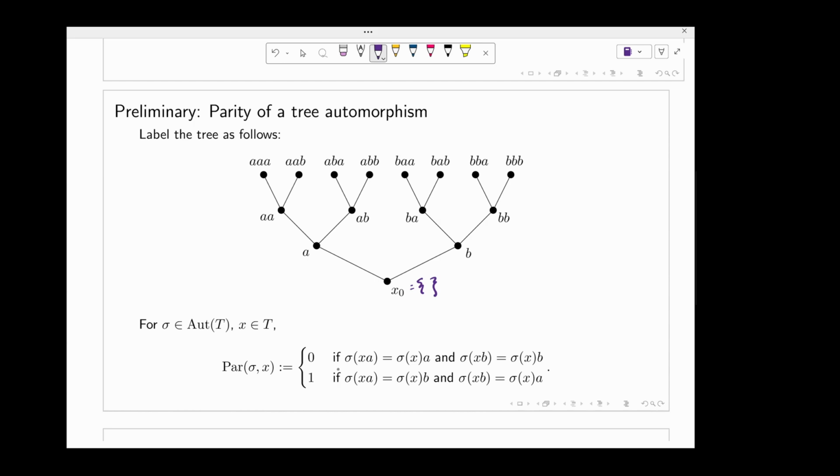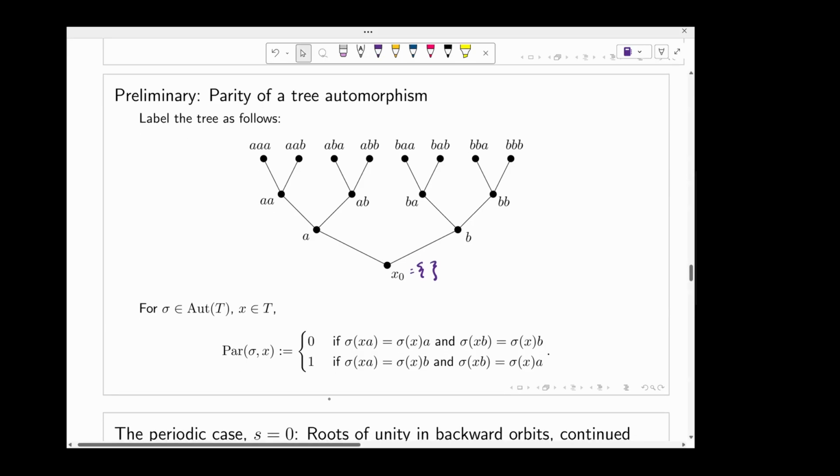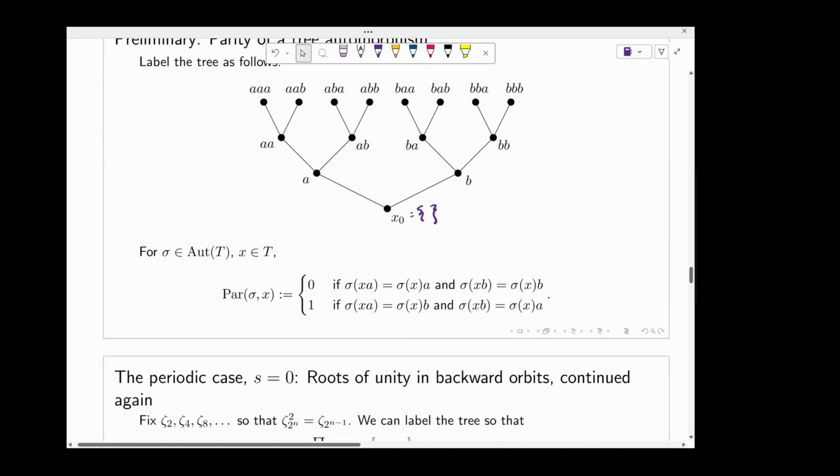So if sigma of XA maps to sigma of X followed by A, we say that this has parity 0. And if sigma of XA maps to sigma of X followed by B, I would call that parity 1.